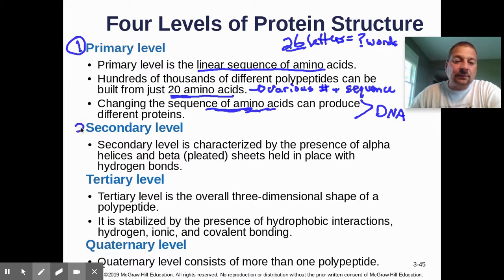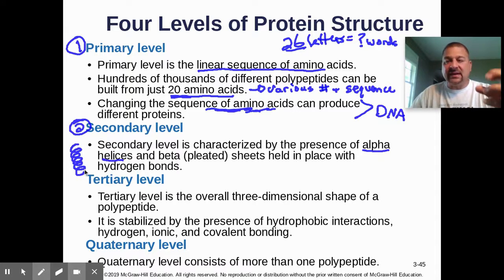The secondary level is where this chain of amino acids, and Linus Pauling did a lot of work with this, forms what are called alpha and beta structures. Alpha helices, because alpha is the first letter of the Greek alphabet, he found that one first. It's where the chain of amino acids starts to coil up, and they get some hydrogen bonding between the R groups of the amino acids.